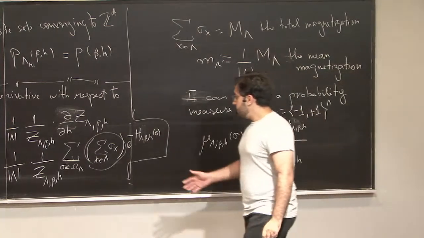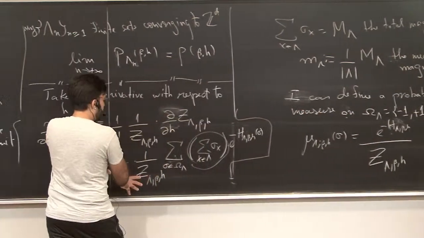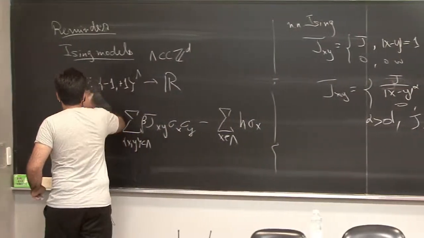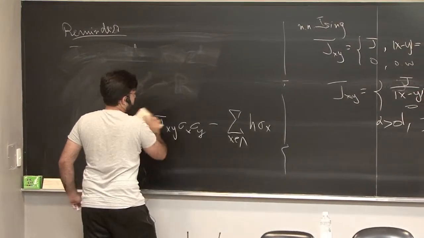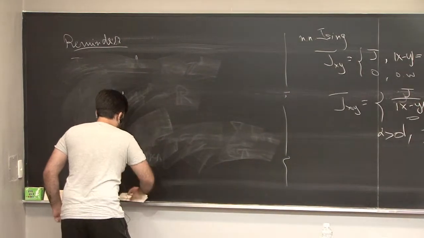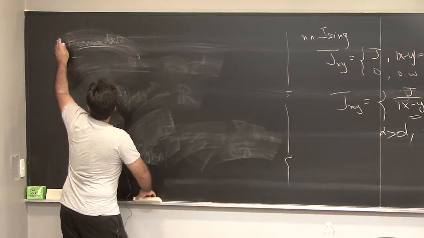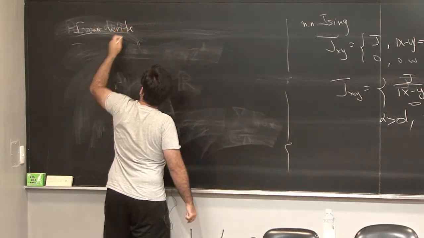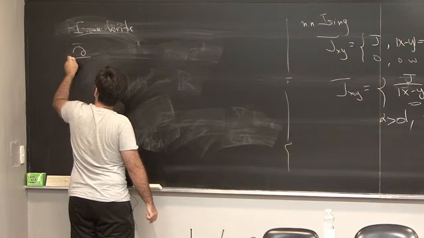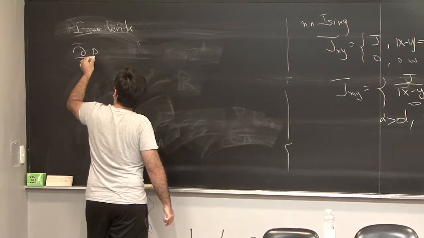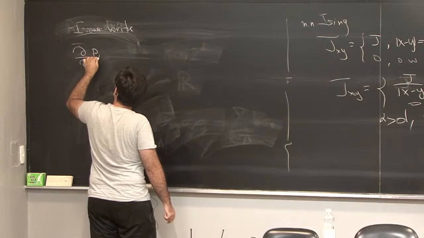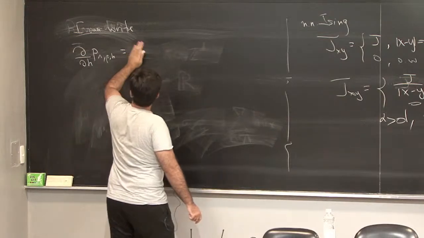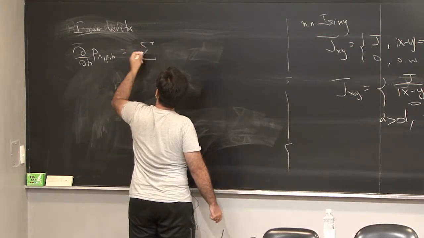Then I can write this expression as an integral with respect to that probability measure. So I can write the first derivative with respect to the field of the local pressure as being an integral, right?